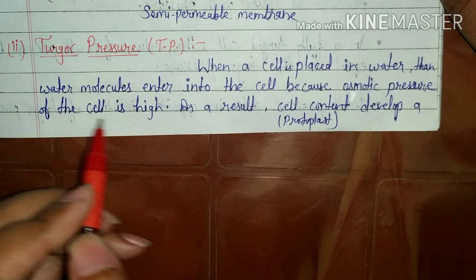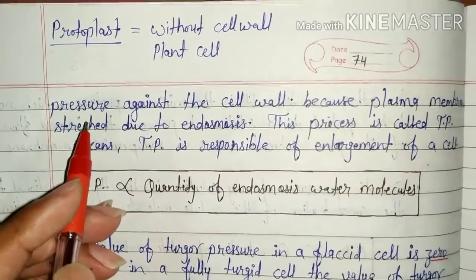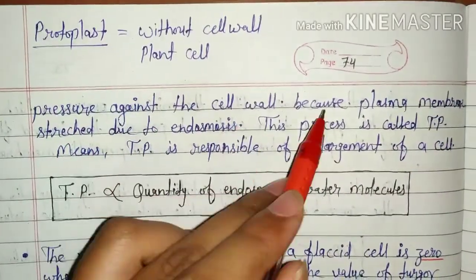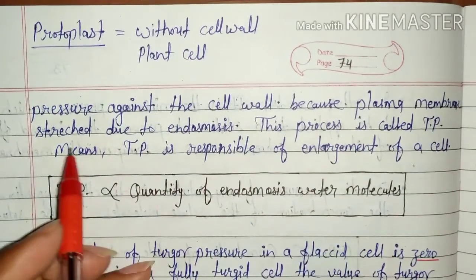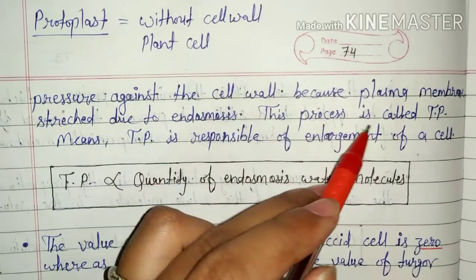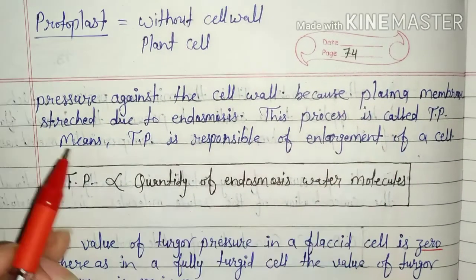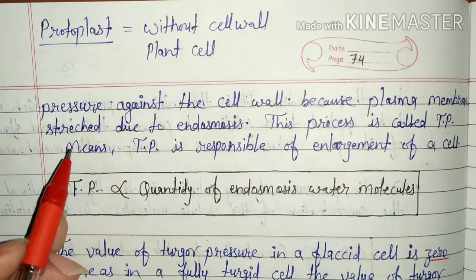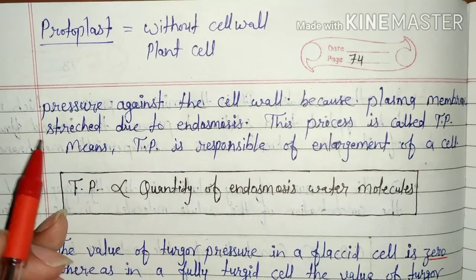As a result, the cell content or protoplast develops a pressure against the cell wall because the plasma membrane is stressed due to endoosmosis. This process is called turgor pressure. It means turgor pressure is responsible for the enlargement of a cell.